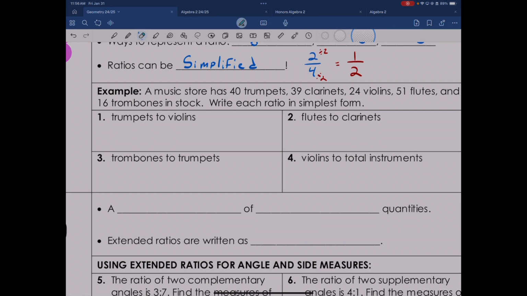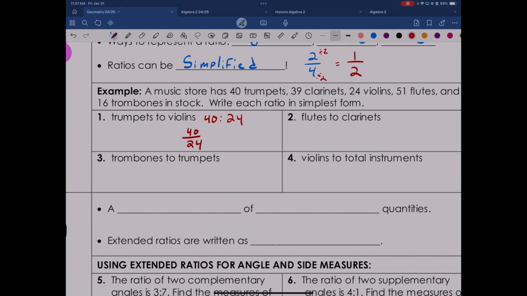So the first one says trumpets to violins. There's a couple ways we could write it. There are 40 trumpets and there are 24 violins. Put a semicolon between them. Preferred way, 40 trumpets over 24 violins.